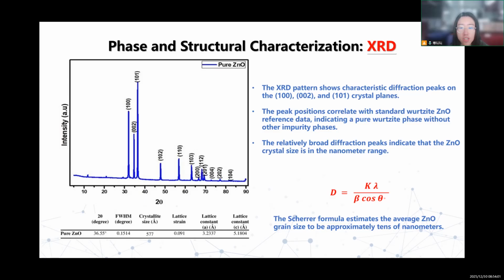The peak positions correlate with standard zinc oxide reference data, indicating a pure wurtzite phase without other impurity phases. The relatively broad diffraction peaks indicate that the zinc oxide crystal size is in the nanometer range. And then we can see the Scherrer formula, D equal to K lambda over beta cosine theta. It estimates the average zinc oxide grain size to be approximately tens of nanometers.